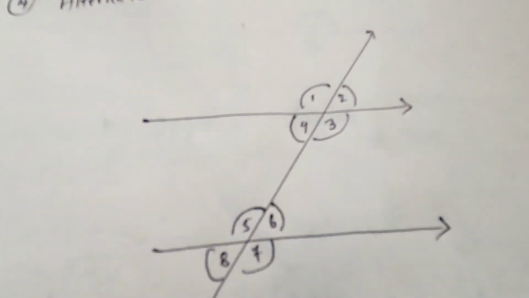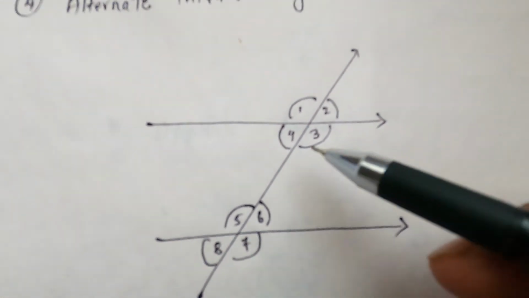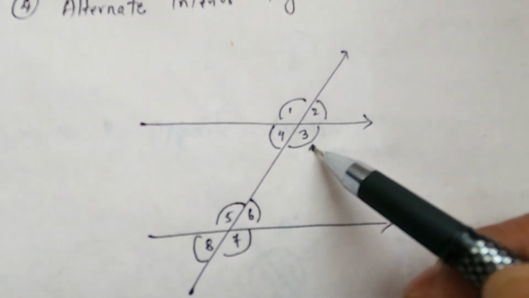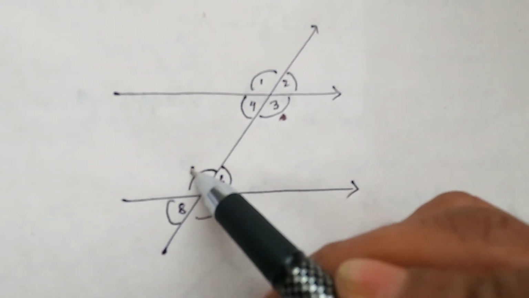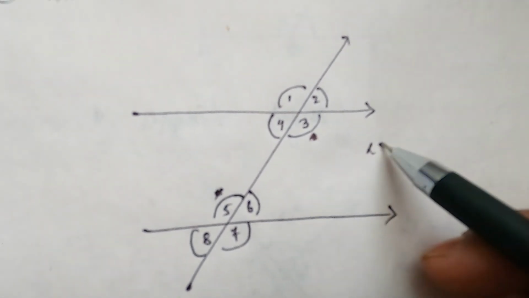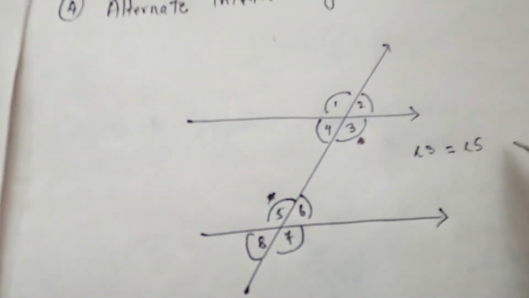So we can say in this case that the 2 alternate interior angles will be angle 3, which is alternate to 5. So therefore angle 3 is equal to angle 5.